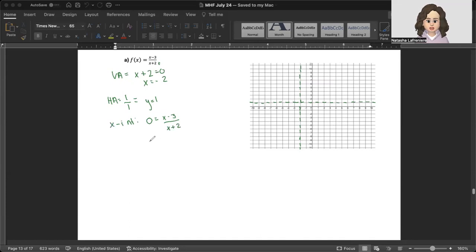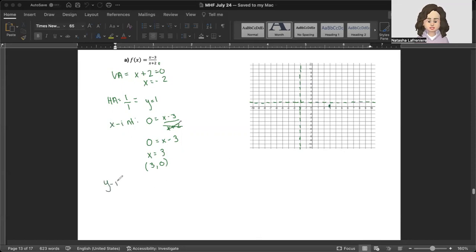This doesn't really matter, as long as the top is 0, then your whole equation is going to be 0. So you can write it as x minus 3 is equal to 0, and so x is 3. Your point's going to be (3, 0). So you can do your x-intercept right here.